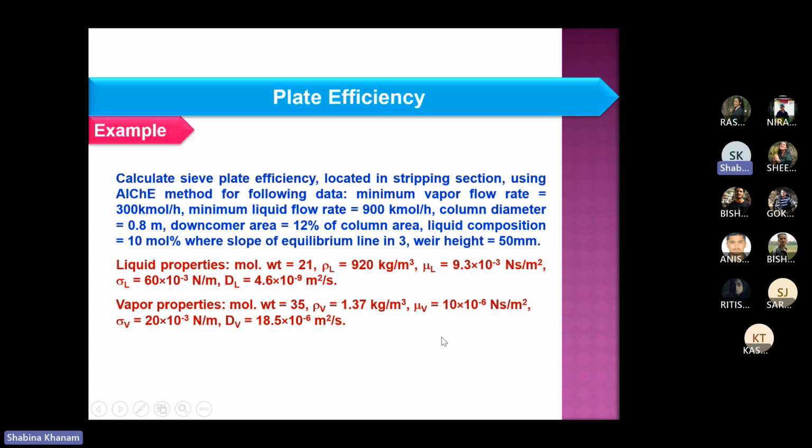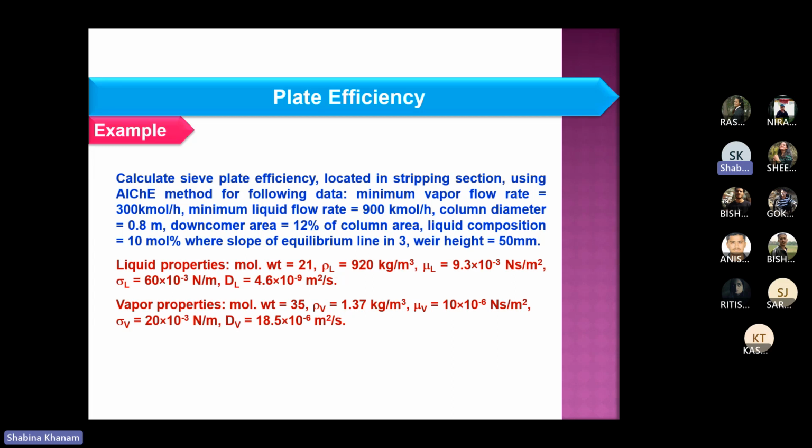Actually all these parameters are fixed over here, because you have not yet read the detailed design of the distillation column. Once you read this, all these parameters you need to decide on your own. But so far that is not discussed in the class, so I am giving all these values.